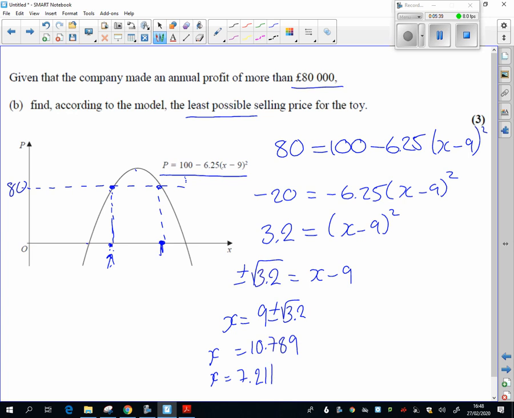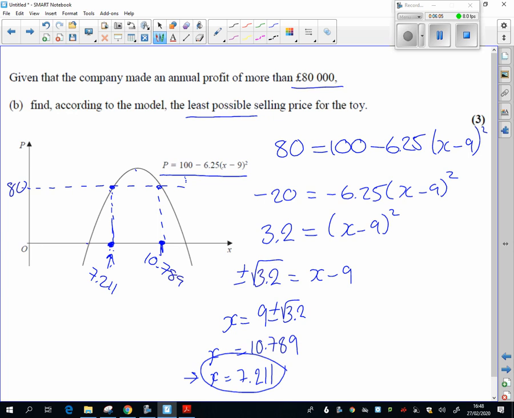Okay, so we've already said it's the lower of these that we're interested in. We want the least possible selling price. So if they sell it between either of those, they're going to make a profit of more than £80,000. So this is the one we're interested in, and you're possibly thinking at this point, well, that's what I did, but we've got to be careful with how we interpret that, because obviously that number rounds to £7.21.